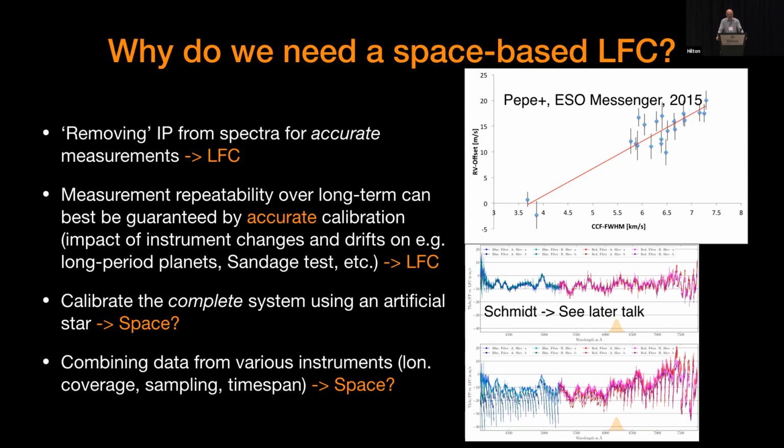The other idea is that in order to ensure repeatability independent of the instrument, you actually need a method to be accurate. You have to be able to refer always to the same standard. So accuracy is, in my opinion, the best way of ensuring long-term repeatability.